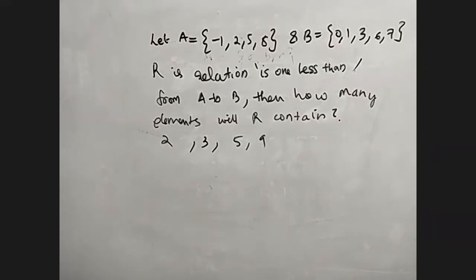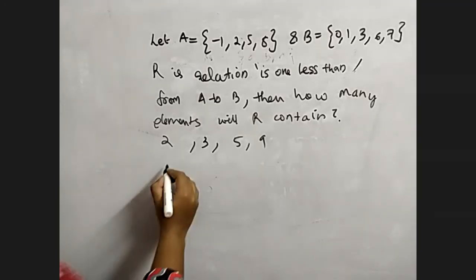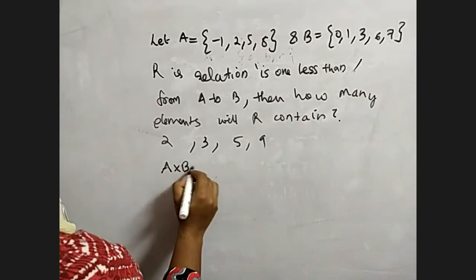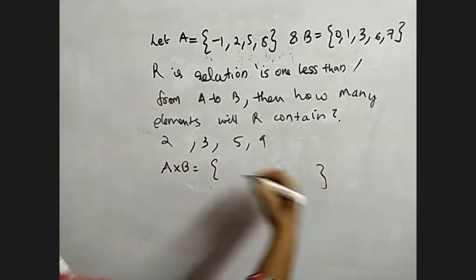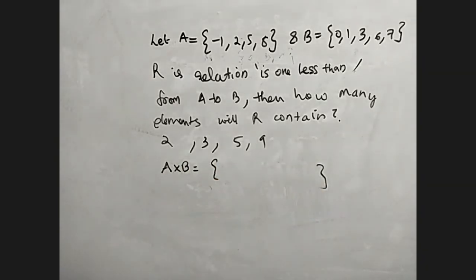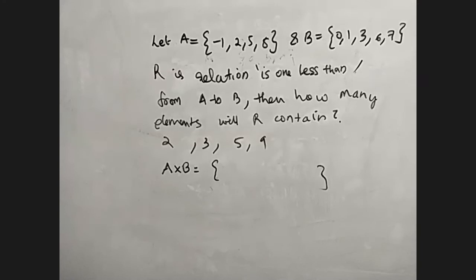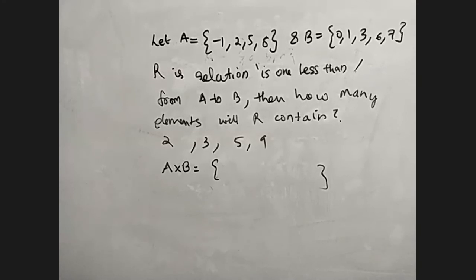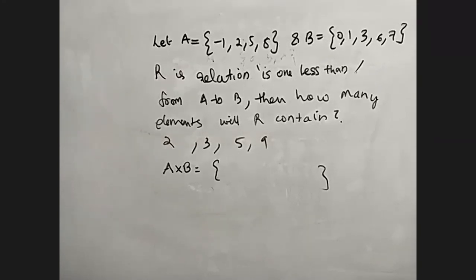First of all, what are the elements of this relation? Umesh, can you say? A cross B. Nobody is getting what is the elements of this relation?